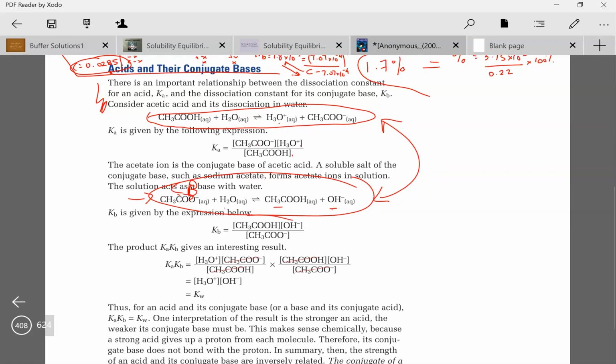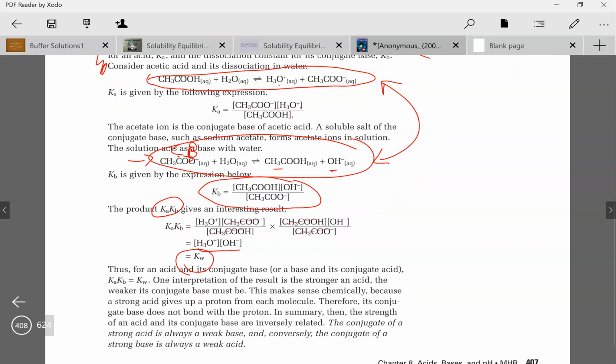So we write our Kb from this expression, and then our product Ka times Kb turns out, when you multiply them, you cancel out the acetate concentrations, and you're left with H3O plus times OH minus, which we know already from before is Kw.